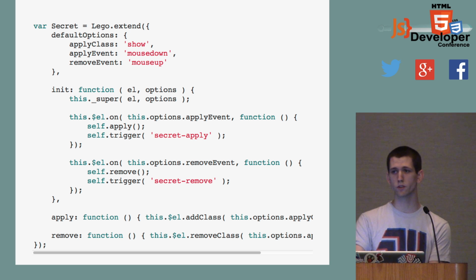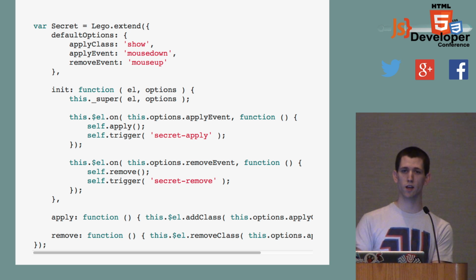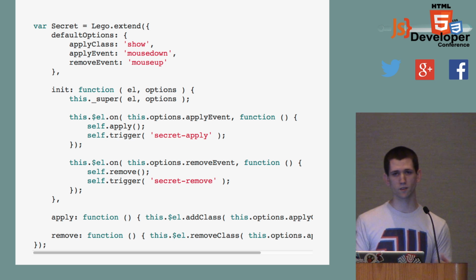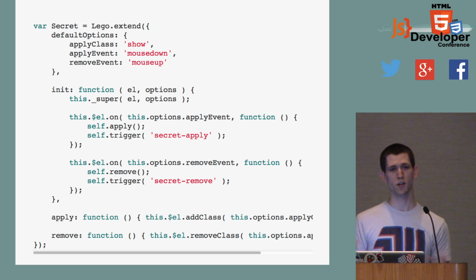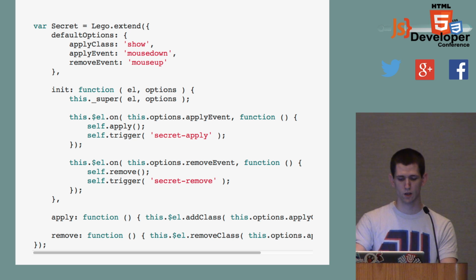So now I'm triggering this event called secret-apply, and any other part of my site or application can listen for that event and do something with that information. Like, oh, this component just applied its class. Maybe I want to change my state or do something in response. And then I do the same thing for remove. I'm binding to an event, again a lookup, calling remove, which removes my class, and I'm triggering a separate event, secret-remove.